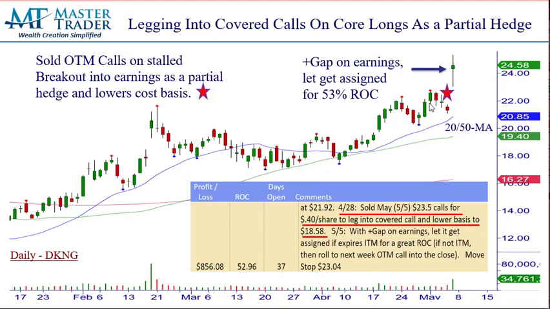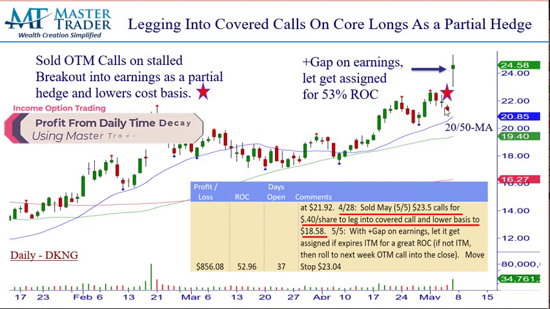What we're doing here, where this star is shown, we sold out of the money calls on a stalled breakout. This green bar looked higher, and then it stalled into earnings. This is an earnings gap, so this was a couple days before earnings. So we said, okay, momentum is stalled.